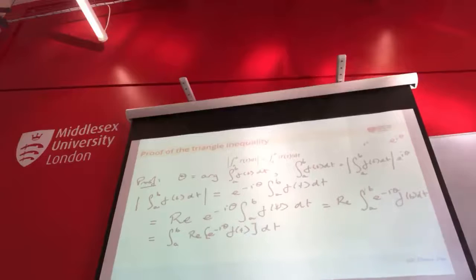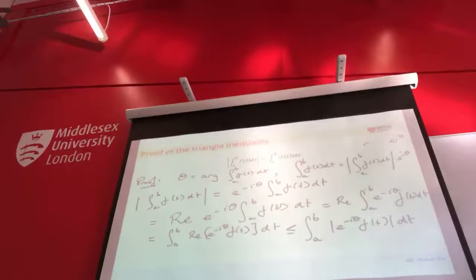And that's almost it, because that's then less than or equal to the integral from a to b of the absolute value of e to the minus i theta f(t) dt, because the real part is always less than or equal to the absolute value.